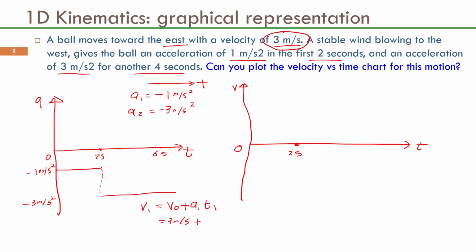And we know the acceleration is minus 1 meter per second square, and the time is 2 seconds. So we can find out my velocity after 2 seconds is 1 meter per second. So I should have a dot here, which is 1 meter per second. And I know my initial velocity here is 3 meters per second.